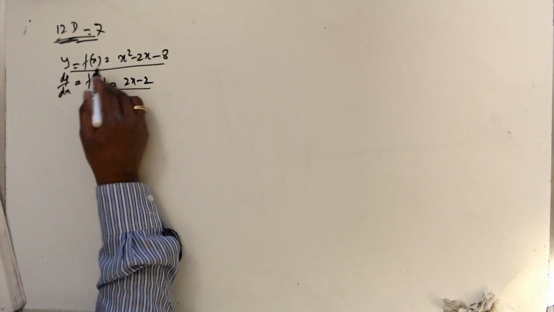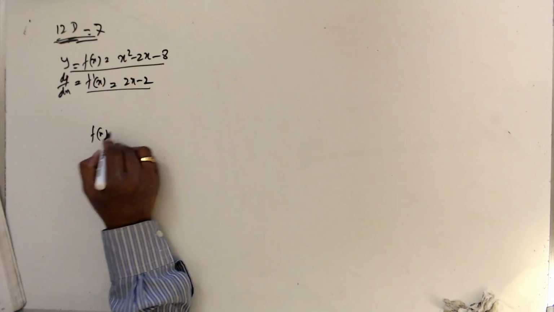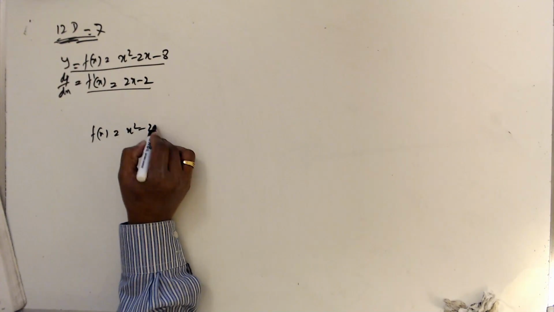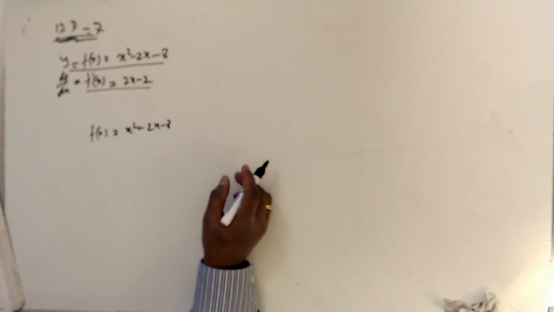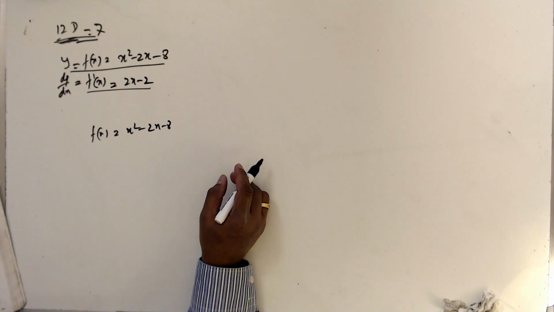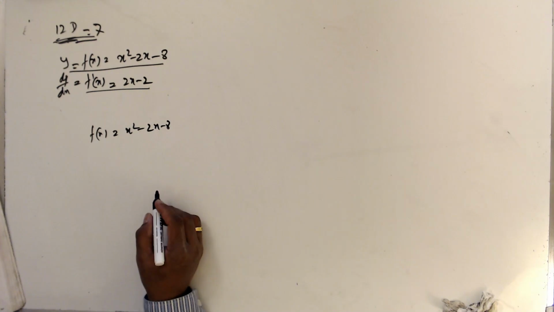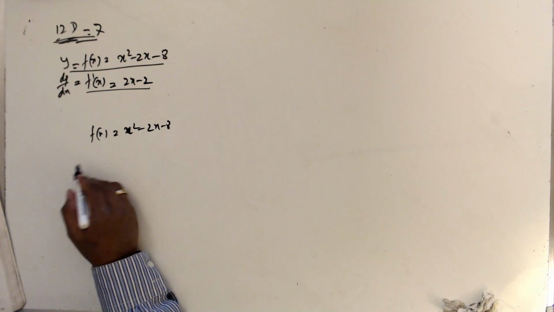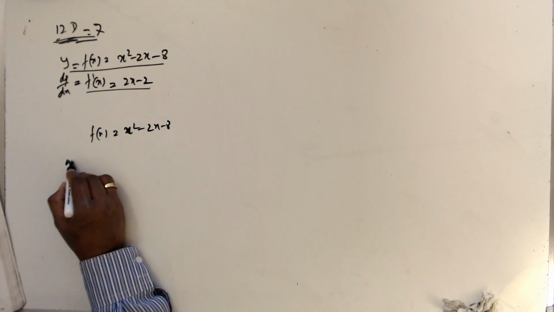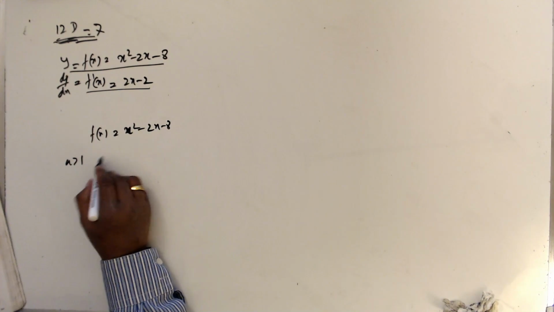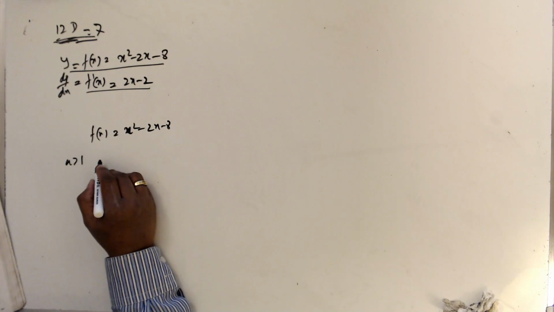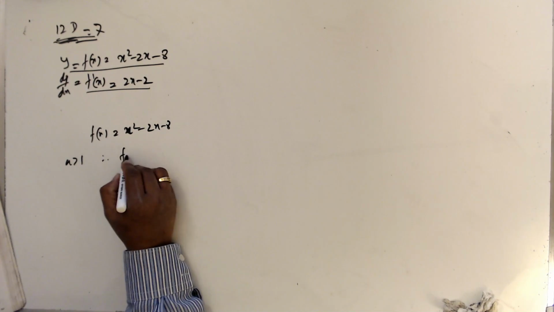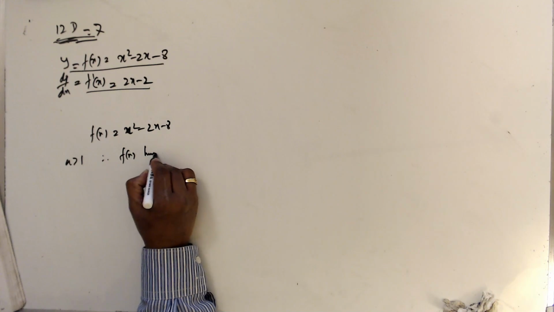So we'll sketch f(x) equal x square minus 2x minus 8. I think you can remember now how to sketch. So a is greater than 0, a is 1, hence f(x) has a minimum.